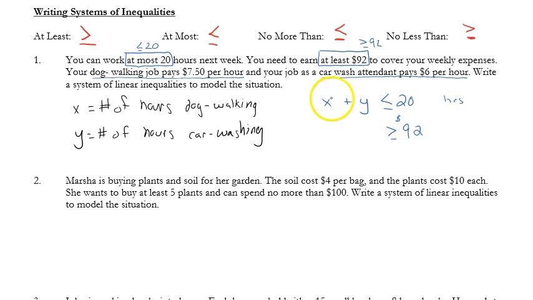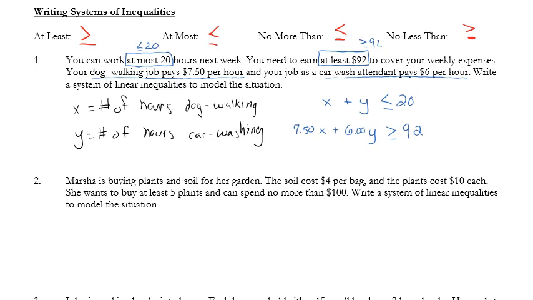Number of hours I dog walk plus the number of hours I car wash is less than or equal to 20. The second one is my multiplication one. Dog walking is $7.50. Dog walking is X. So it's $7.50 times X plus car wash is $6 times Y. Okay, now I don't need the dollar sign in the hours there. This is what I need in order to get full credit.